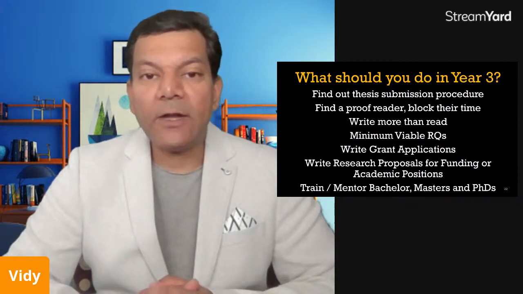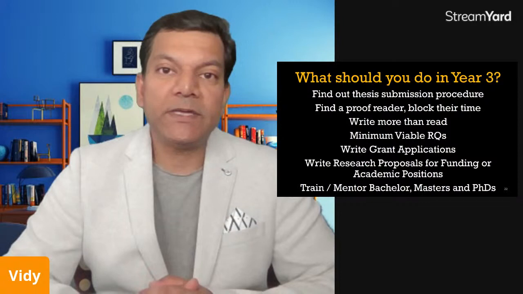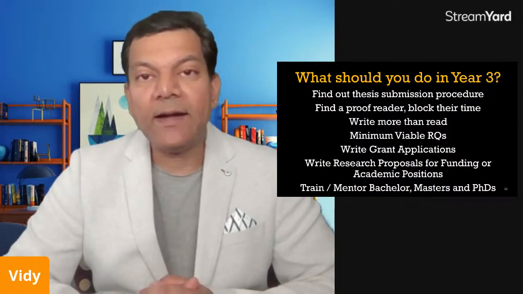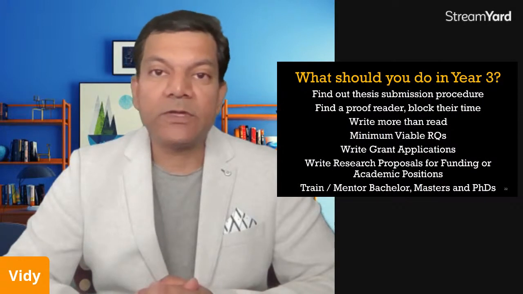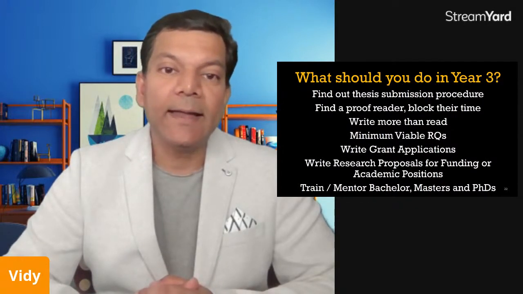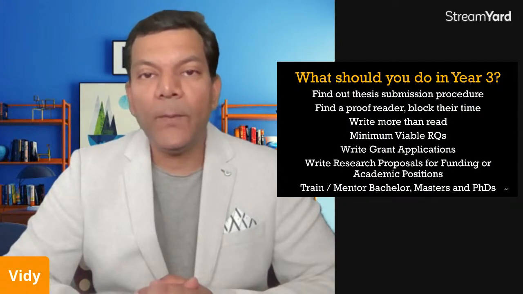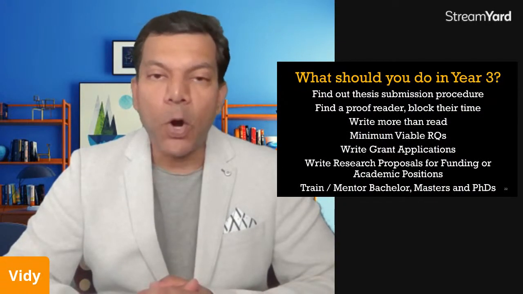If you find that you are struggling with completing your PhD, or one of the research questions that you had planned, and you just feel that it's not possible to complete it, then look at that research question from a minimum viable point of view.